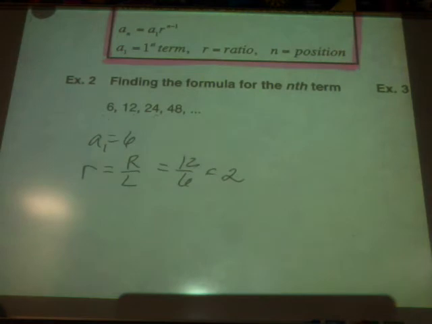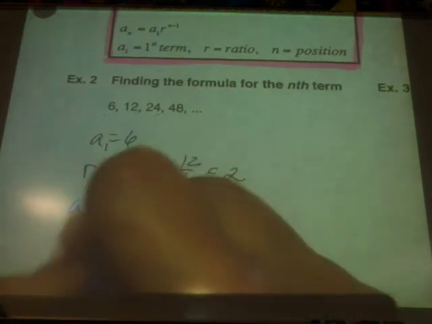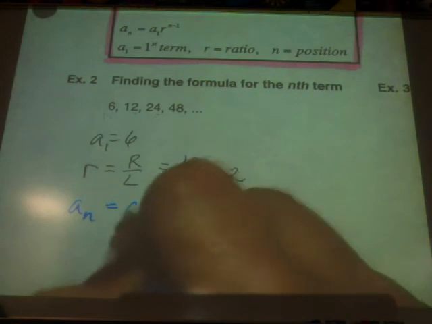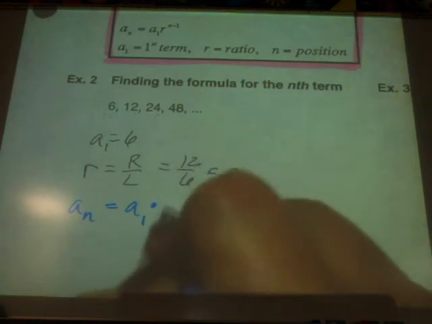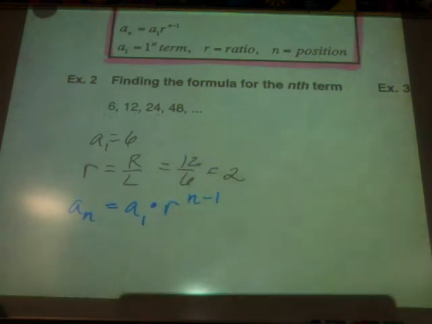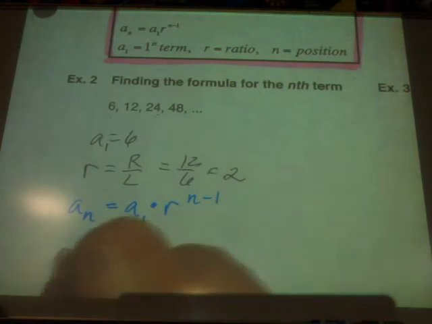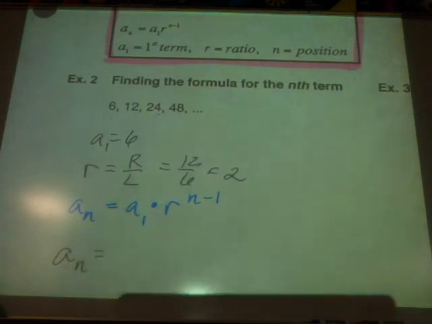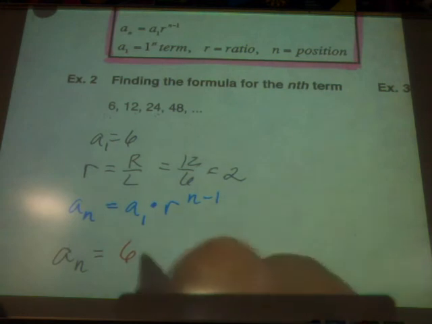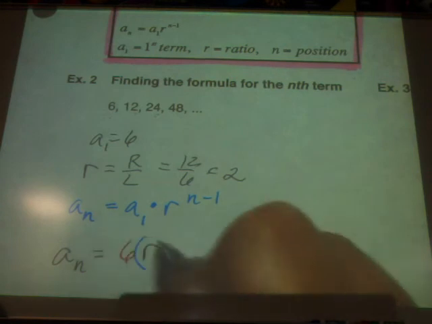So then apply your formula. We're going to use a sub n is equal to a sub 1 times r to the n minus 1. We're going to leave n's in there because we're finding the formula for the nth term. So I will leave a sub n exactly as it is, but I'm going to replace a sub 1 with 6. Times, and I'm going to use parentheses.